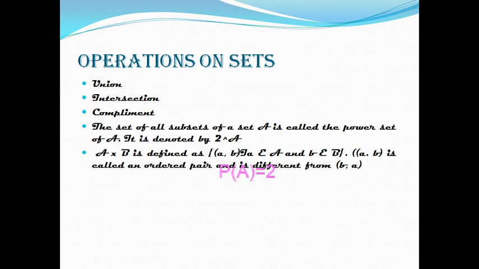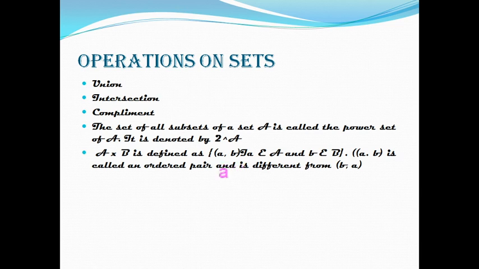If it is 0, that means the null set, its power set has one element, that is the null set itself. Okay, that is about the power set.